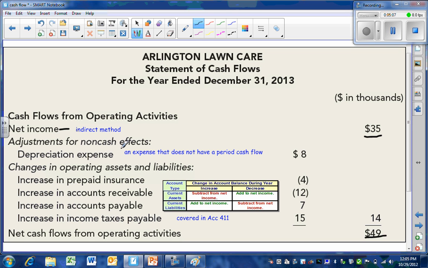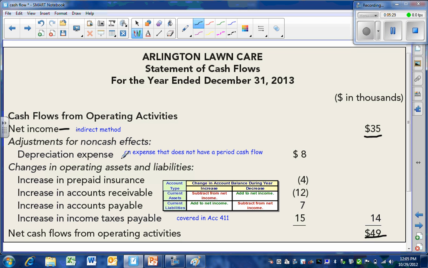We'll have to make adjustments from gains and losses from the sale of operating assets that are reported on the income statement and affect net income. But on the statement of cash flows, we're not reporting just the gain and loss. We're going to be reporting all the proceeds from the sale of equipment.